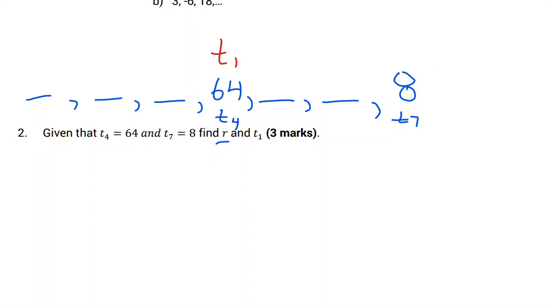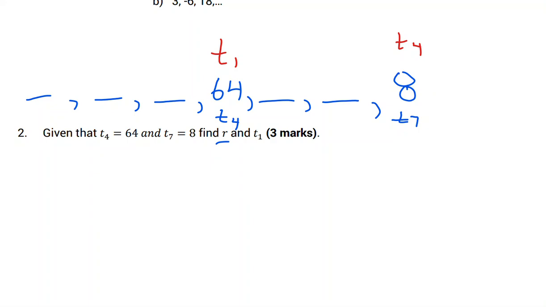Because they're so close together, you can just go T1, T2, T3, T4, and say that 64 is T1 and 8 is T4. Then use the formula to find out your R value. Once you know your R value, then you can go backwards and find the original T1.